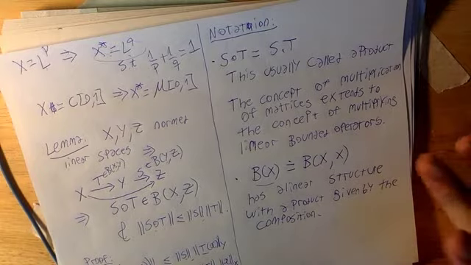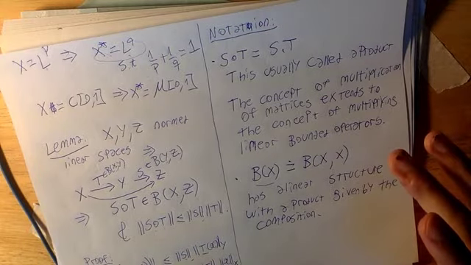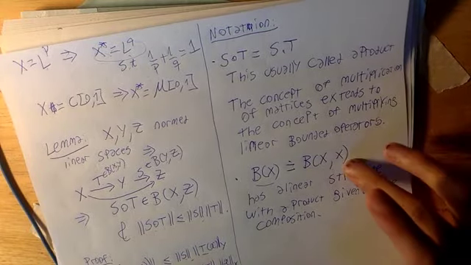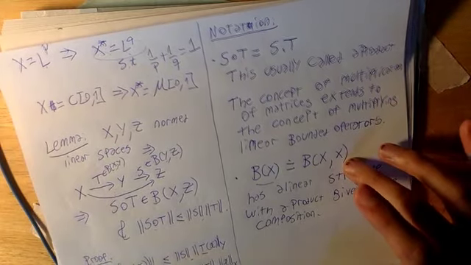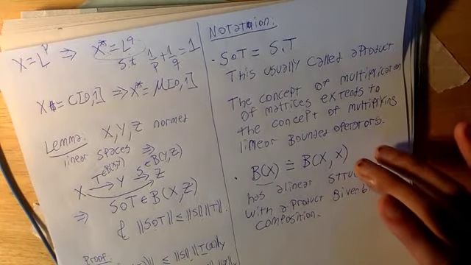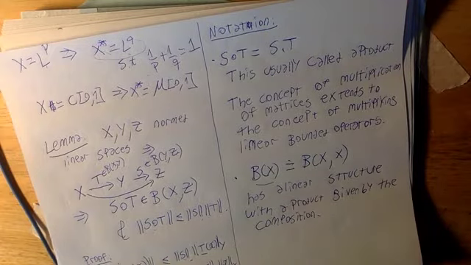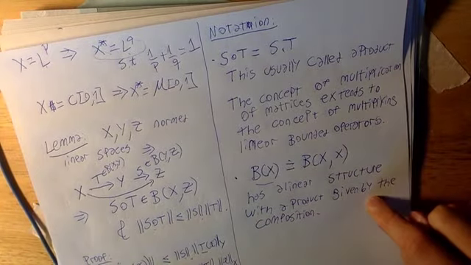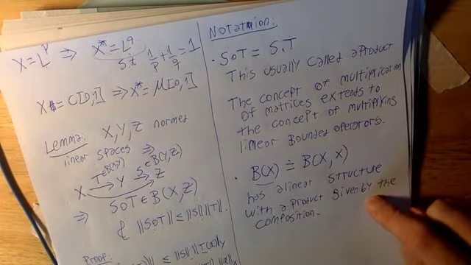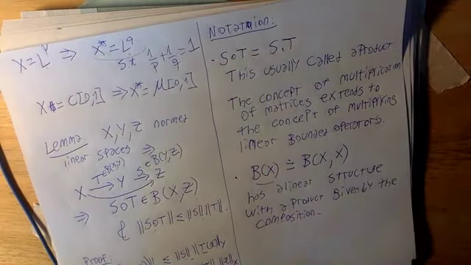Okay, so the point is that if you look at this thing, whenever you have a linear structure with a product, then we're going to say that B(X) is a ring. Okay, so what is the lemma?